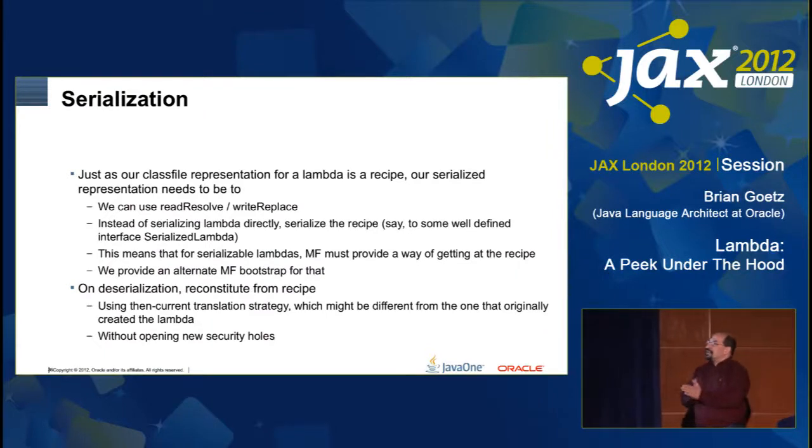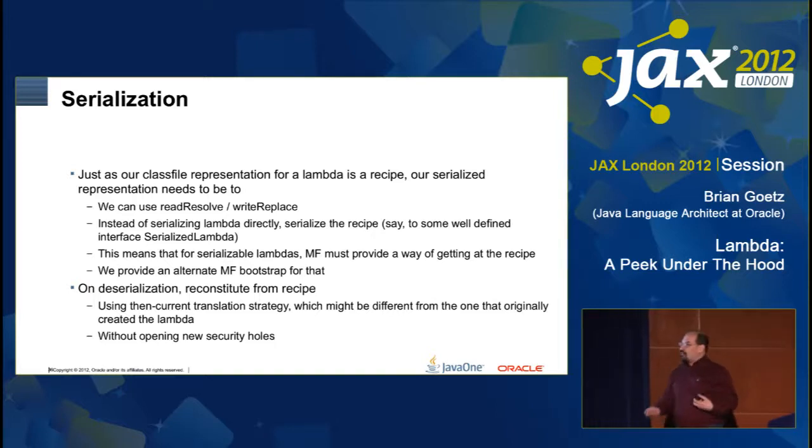So the approach is, we represent a Lambda by its recipe, which has a behavior method handle, the class that we're converting it to, some static metadata, et cetera. And so what we can do is use the existing hooks in serialization, readResolve and writeReplace, to intercept serialization and instead serialize the recipe.